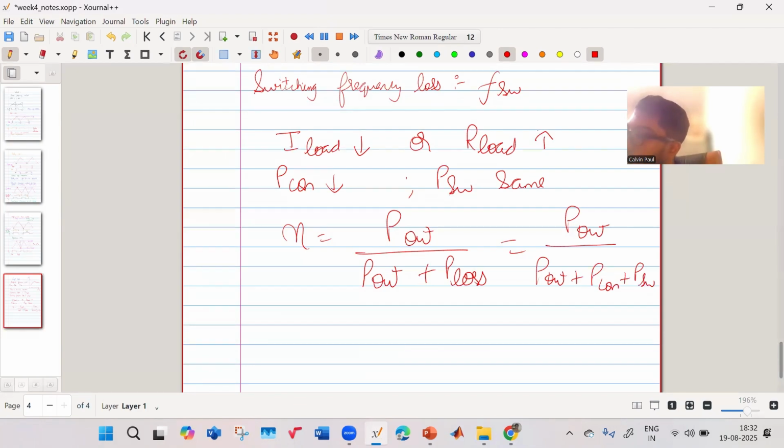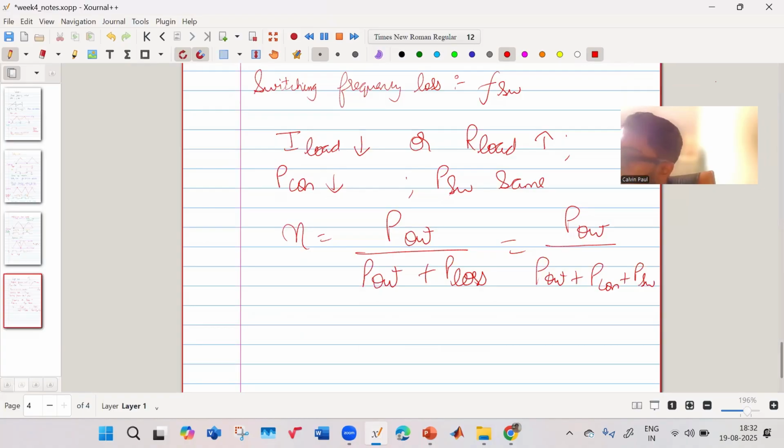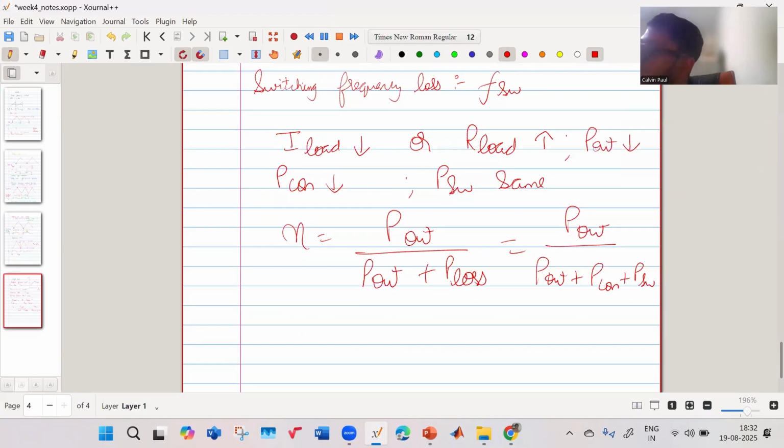So as your load is reducing, your P output also is reducing. When your load current is reducing, your output power also is reducing. But P switching remains the same, and your P conduction also is reducing.